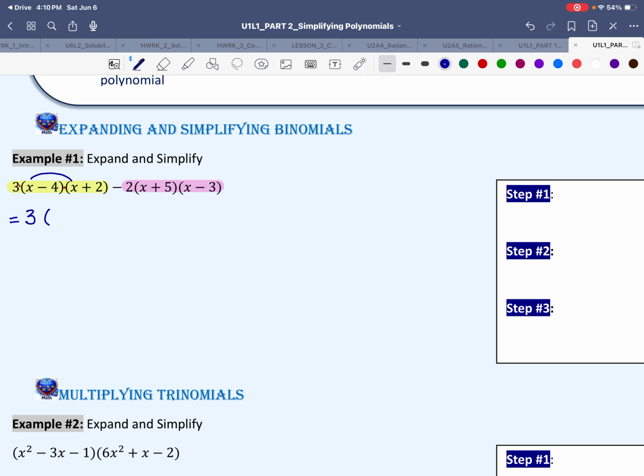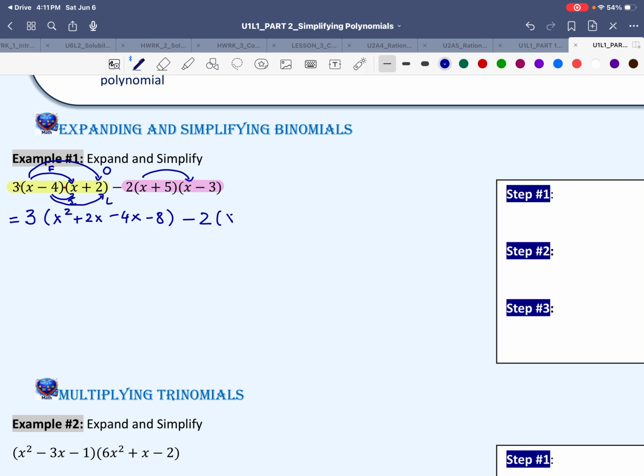So I'm going to start off with FOIL, so first terms in here, so that will give me x squared. And then outside terms, so x and 2, so that will give me 2x. And then the inside terms, so negative 4x. And the last terms in here. There goes our FOIL. And next we have minus 2. We'll do the same thing in here.